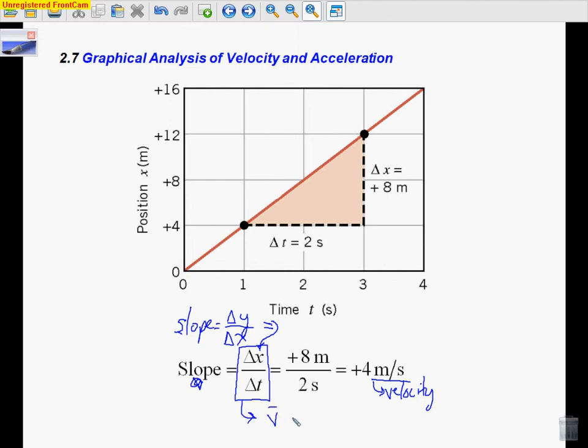You could write average velocity is equal to change in x divided by change in t, displacement over time. So what this means is that if you have a position versus time graph, finding the slope of the graph is equal to the average velocity.